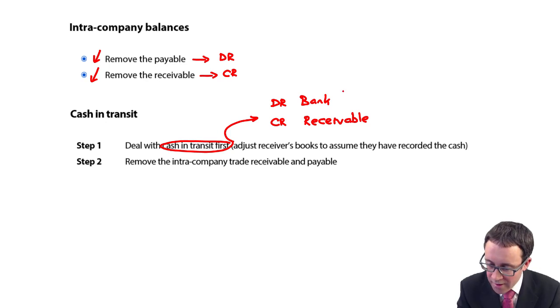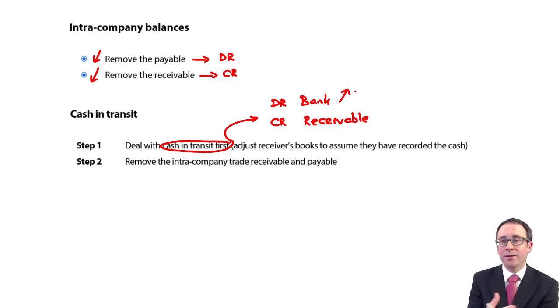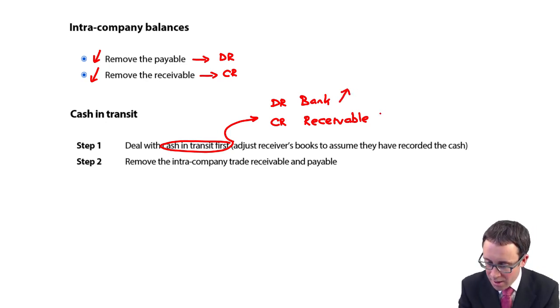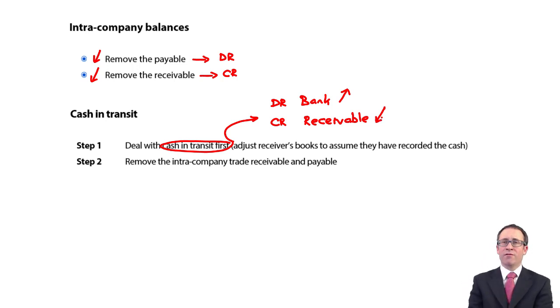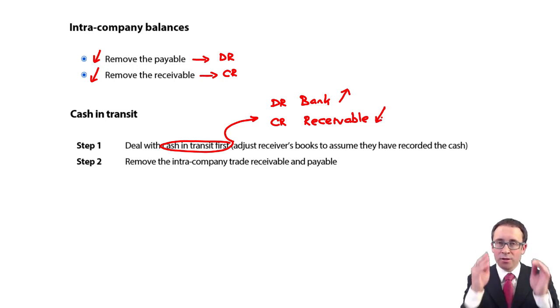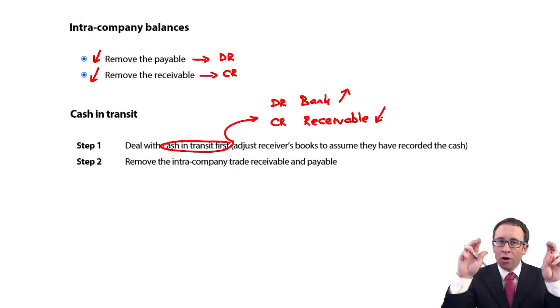Okay, so effectively increasing the bank balance within your group SFP and crediting the receivable, or reducing the receivable balance because that balance is no longer outstanding. You have received the cash, or at least you will do.